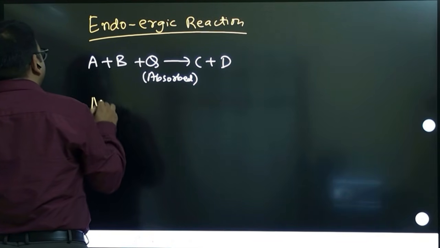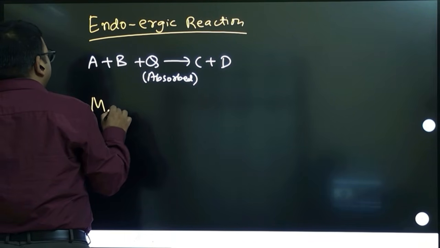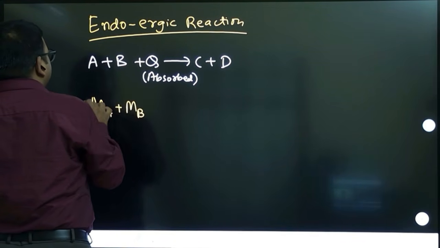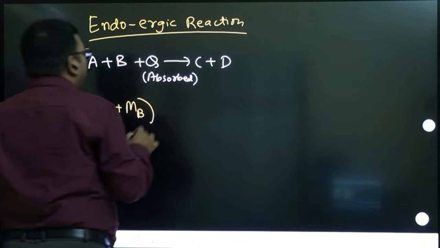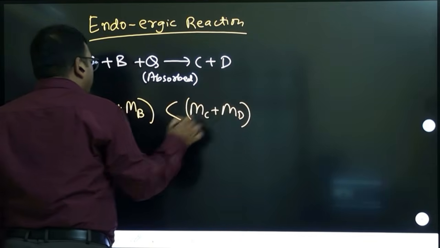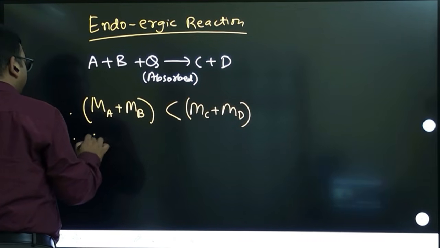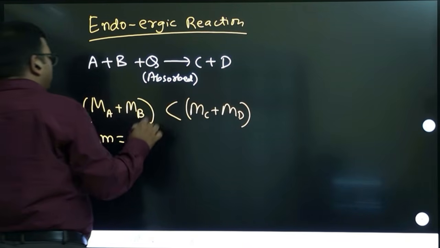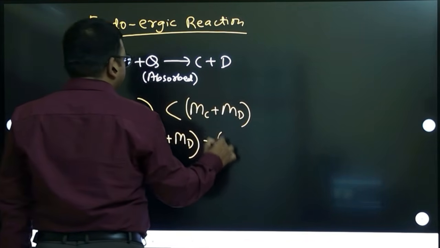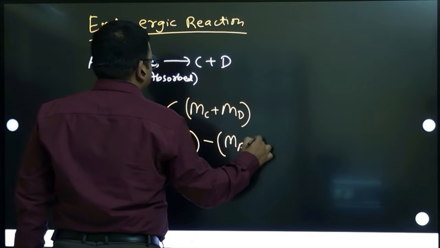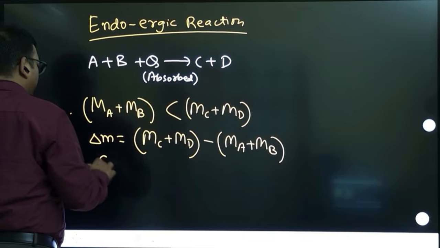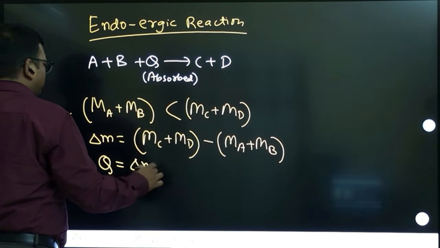So mass of A plus mass of B, this side mass, is smaller than mass of C plus mass of D. If you want to calculate mass defect delta M, we need to write that side mass, C plus mass of D, and subtract from it this side mass, mass of A plus mass of B. This is how we'll calculate, and the Q value which is required is delta M into c square.